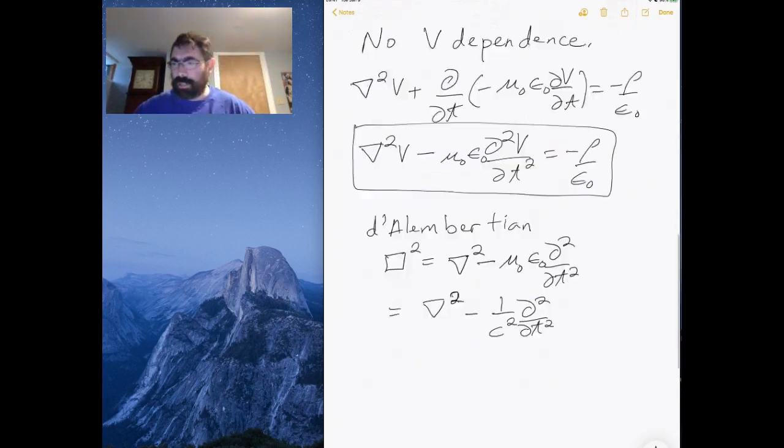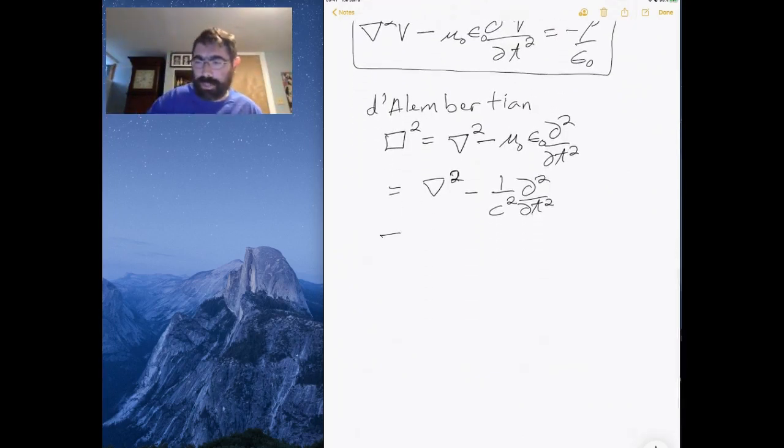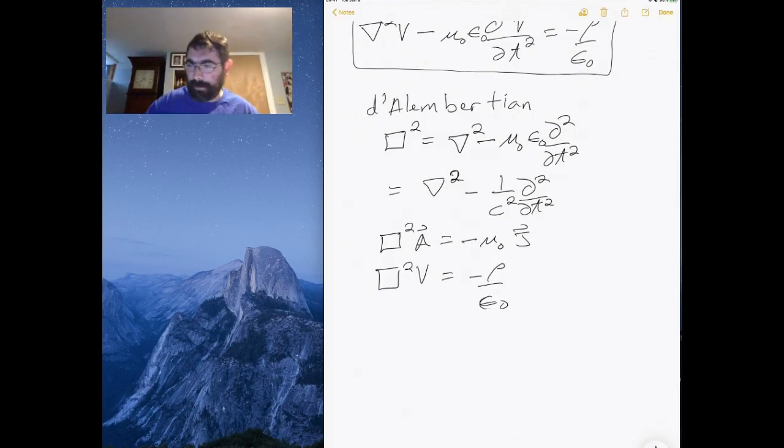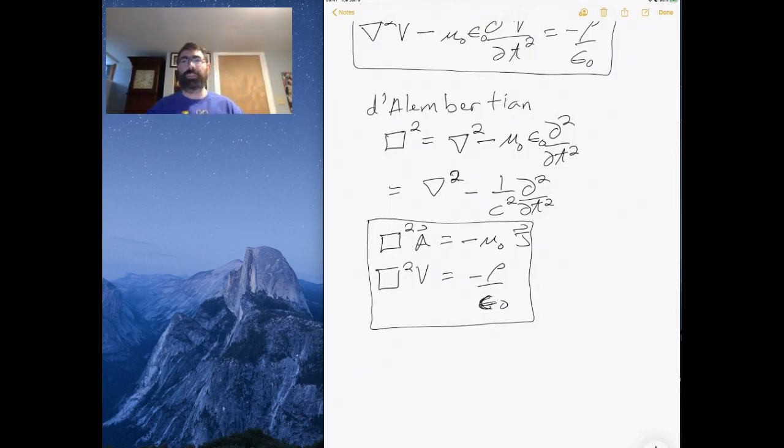So then I now rewrite my equations as a second order differential equation with respect to A, and my second order differential equation which is operating now on V. And now these two equations are so small that you could write them down and put them in your pocket.